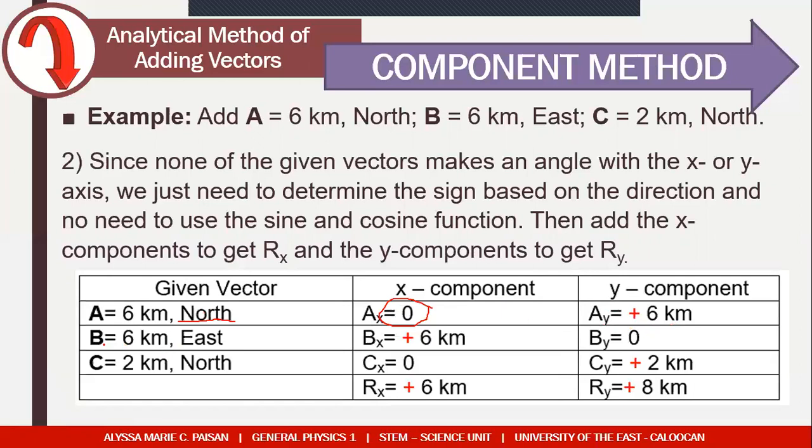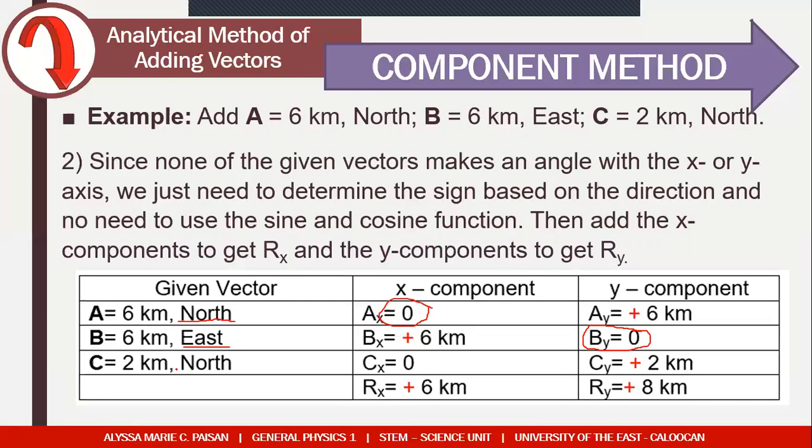On the other hand, vector B is going towards the east, meaning it is located at the positive x direction. Since sa positive x lang siya, wala siyang y component, the b sub y becomes 0, while the b sub x is positive 6 kilometers because again, east is a direction that is positive.